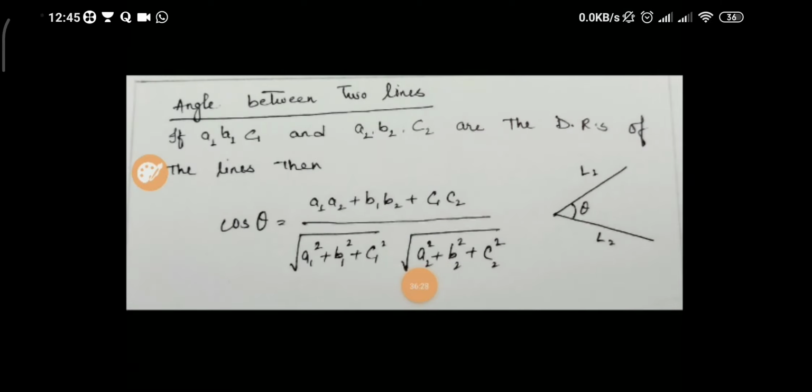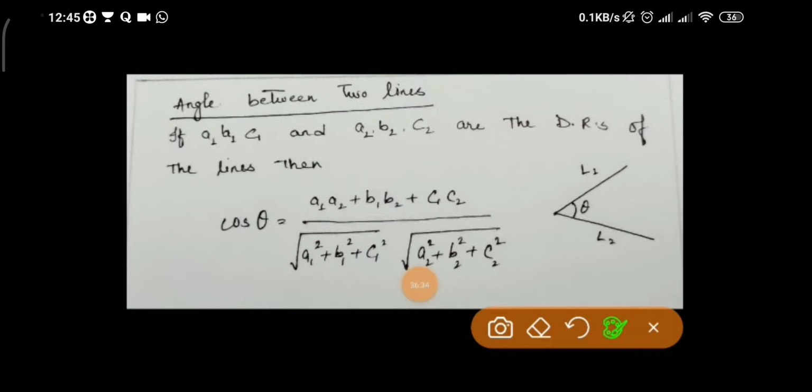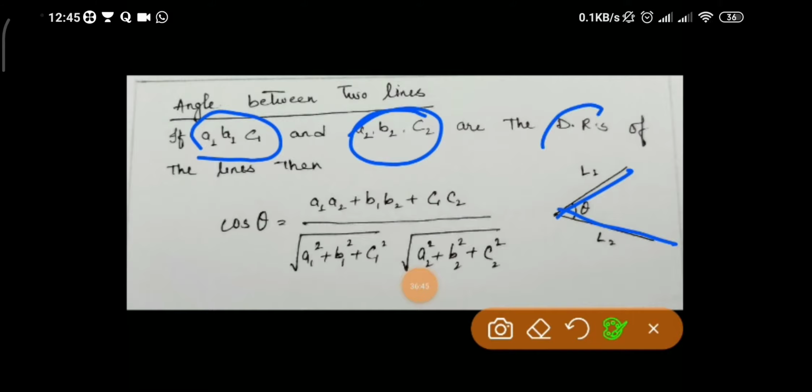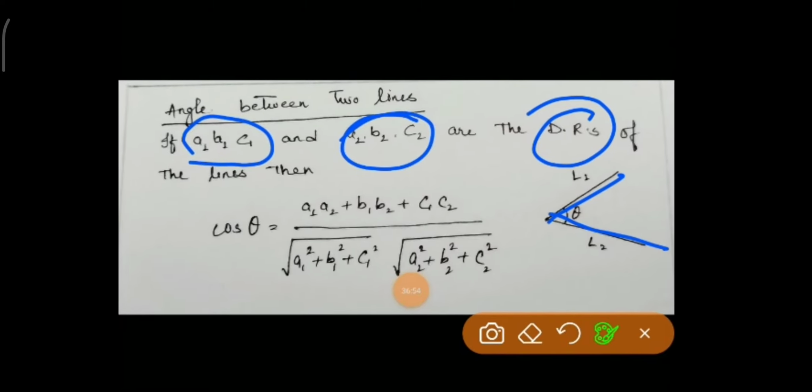Angle between lines, this is very important. In vectors also we did the angle between two lines, so it was very simple, and a1 b1 c1, a2 b2 c2 was given. Here also two lines are given, and their direction ratios are given. So what we will do, it's simple, we can use the vector idea to find the formula, so that's why I'm not deriving it.